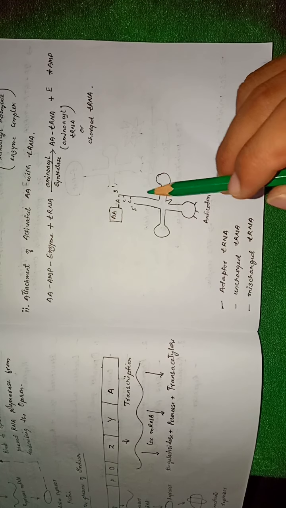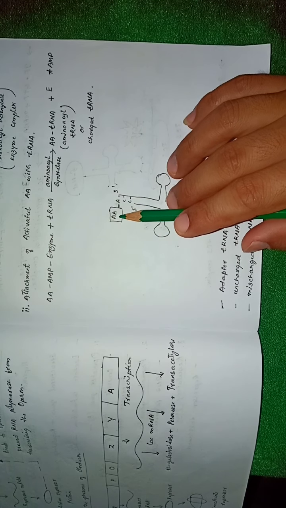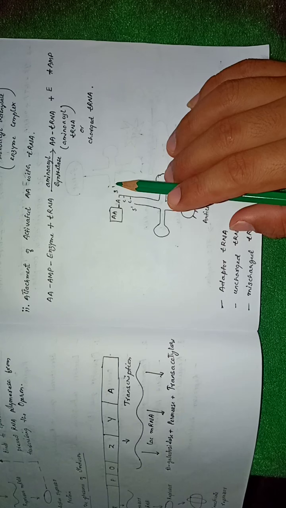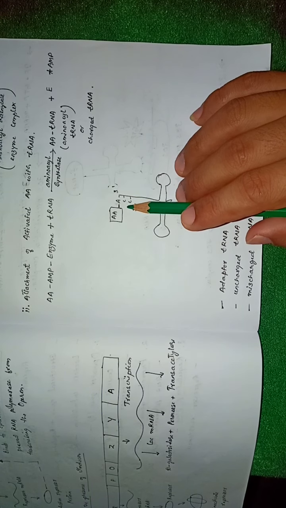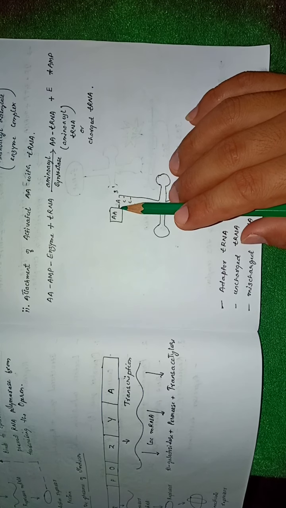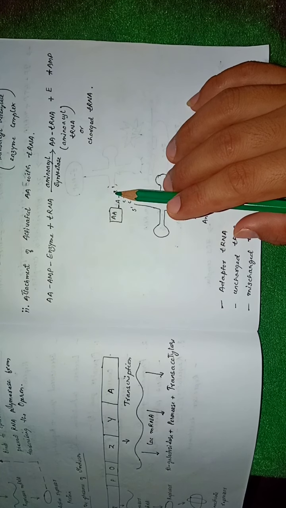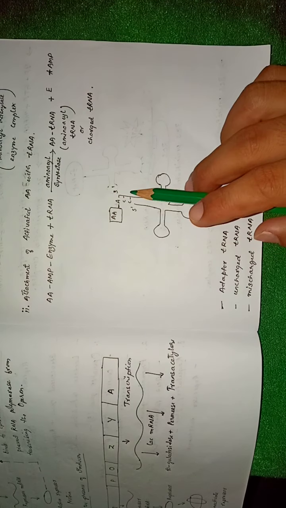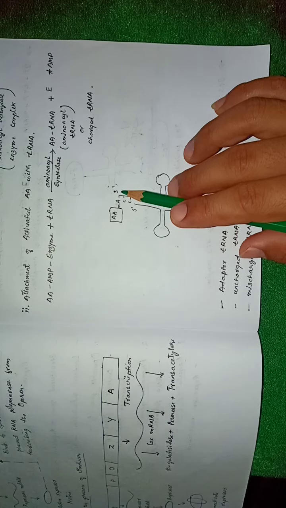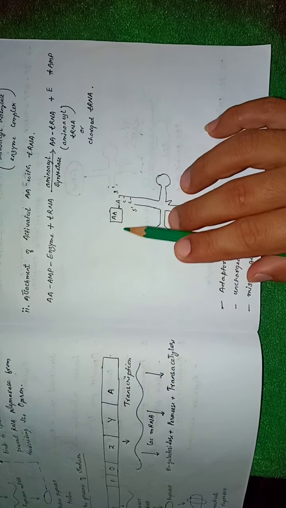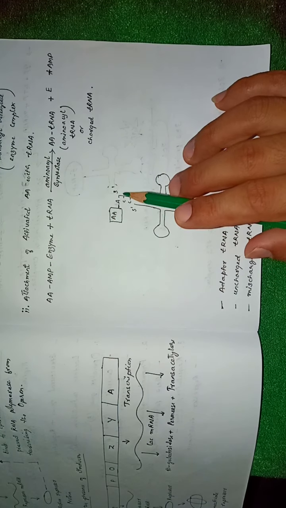And if the amino acid attached is an incorrect amino acid, then the tRNA is called mischarged tRNA. That means an amino acid is attached to the 3' end, but the incorrect amino acid is attached. Such tRNA are called mischarged tRNA.